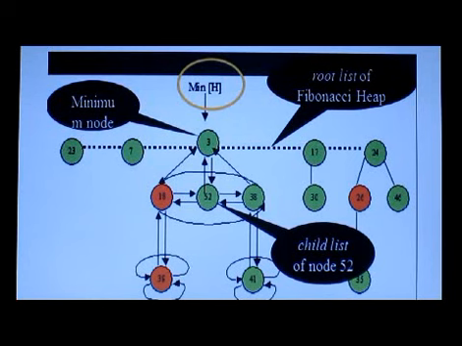Compared with binomial heaps, the structure of a Fibonacci heap is more flexible. The trees do not have a prescribed shape, and in the extreme case, the heap can have every element in a separate tree. This flexibility allows some operations to be executed in a lazy manner.